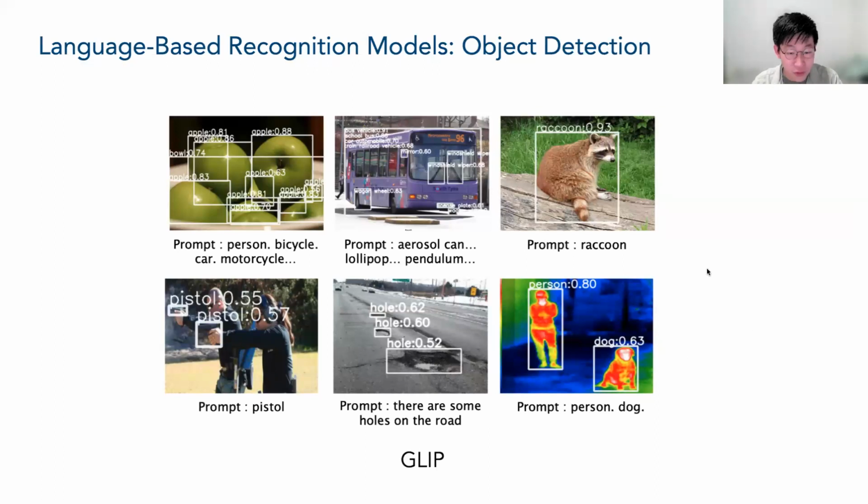Following this direction, that model does it for image classification. There are other important computer vision tasks such as object detection or segmentation, so people apply a similar idea there.